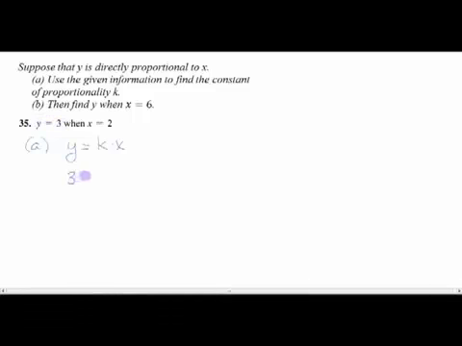Y is 3. We don't know what k is. X is 2. Now we're going to find the constant of proportionality k by solving for k. So we'll divide by 2. So k is 3/2. Part B asks us to find y when x equals 6.